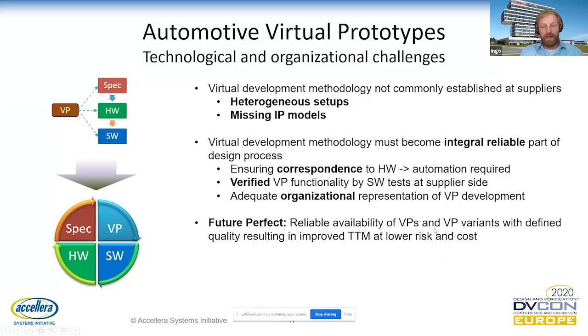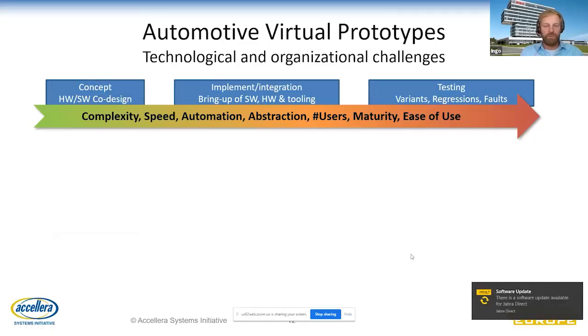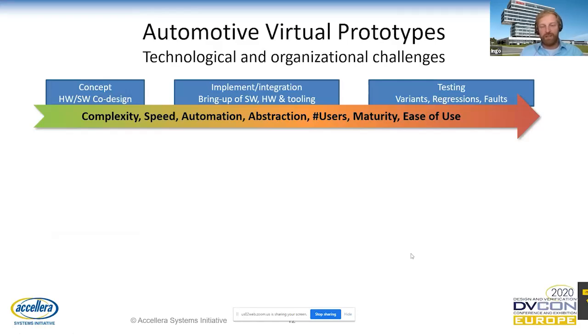Which brings me to the last slide, where we map the technological and organizational challenges against the different design phases in the design process. So from concept to the testing phase, you are faced with a lot of technological challenges. You will need to adapt the VP to the different use cases. There will certainly not only be one model you have to build inside that design process.